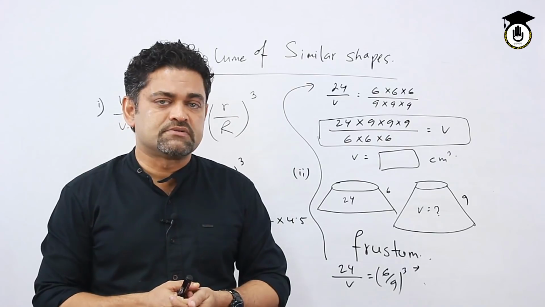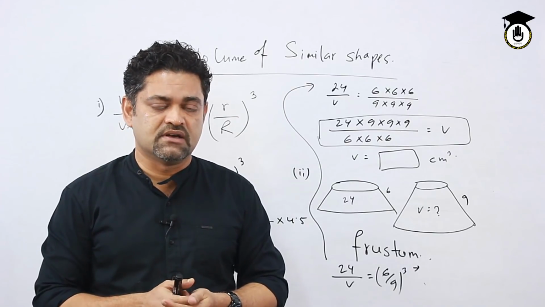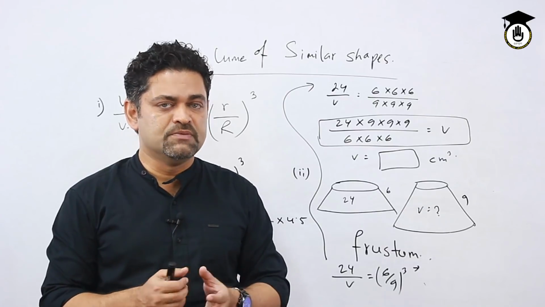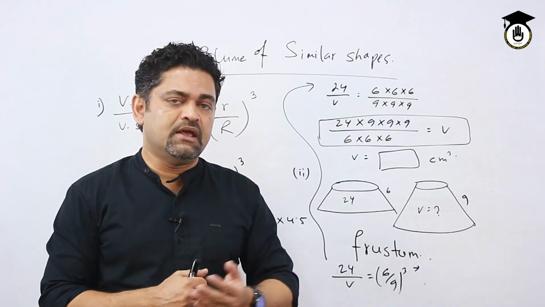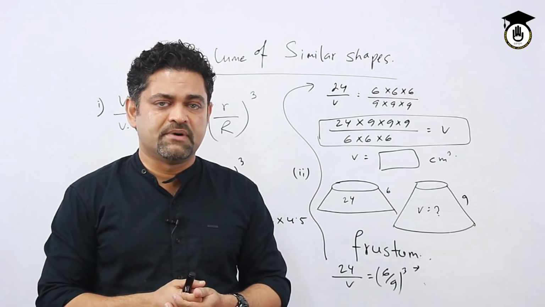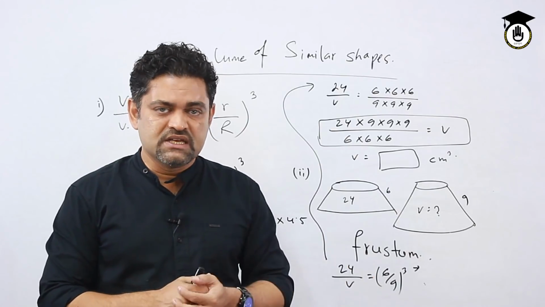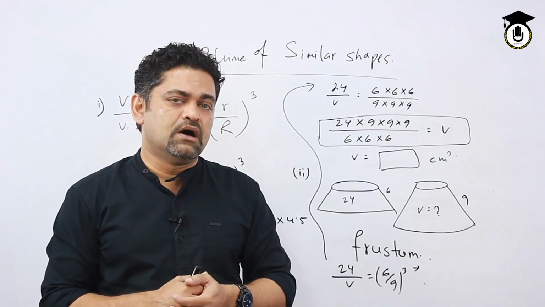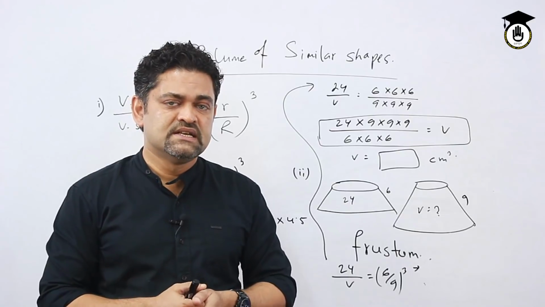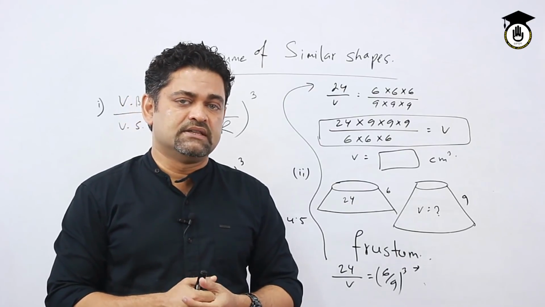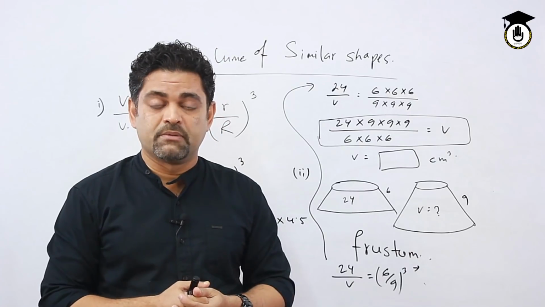We hope our students can confidently solve problems regarding areas and volumes of similar shapes. In our previous lecture, we also described the similarity of triangles and the congruency, and the reason for congruency was also discussed. I hope our students can easily understand and solve their problems.